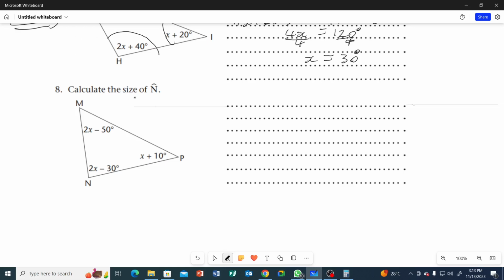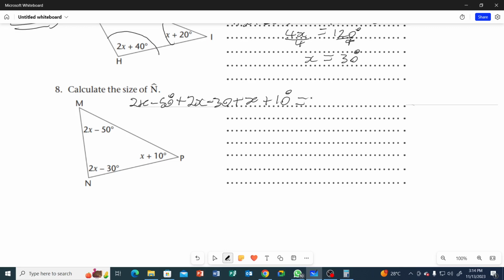Now we are going to have 2x minus 50 degrees as angle M, plus 2x minus 30, plus x plus 10 degrees.